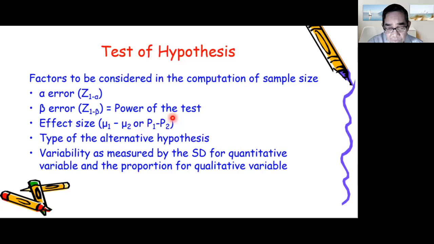Later on, we'll be explaining this to you. And the type of the alternative hypothesis, whether it's one-tailed or two-tailed, and the variability as measured by the standard deviation for a quantitative variable, and the proportion for a qualitative variable.